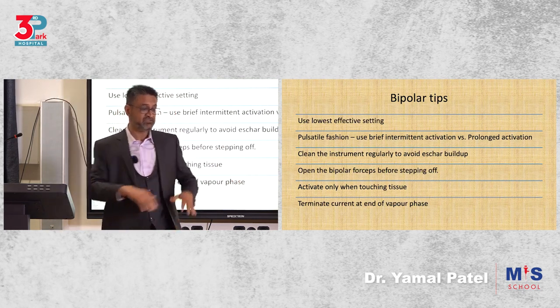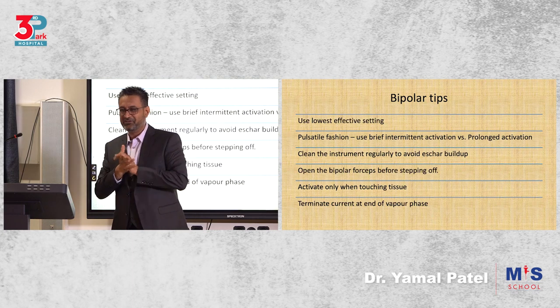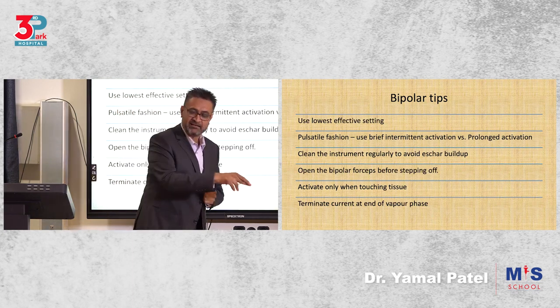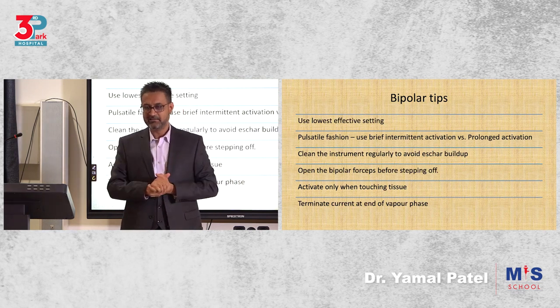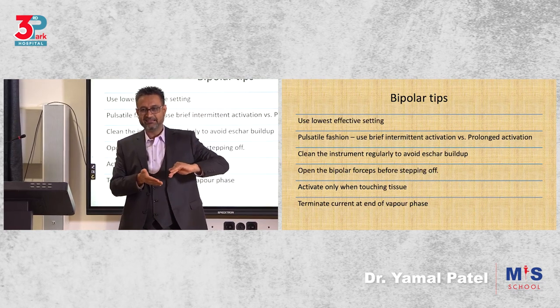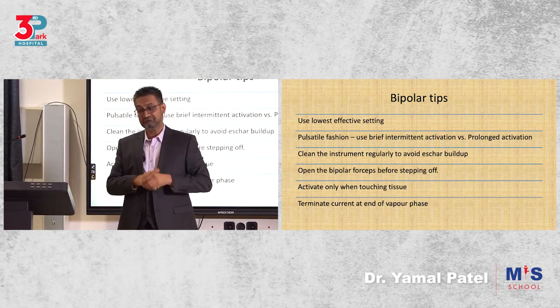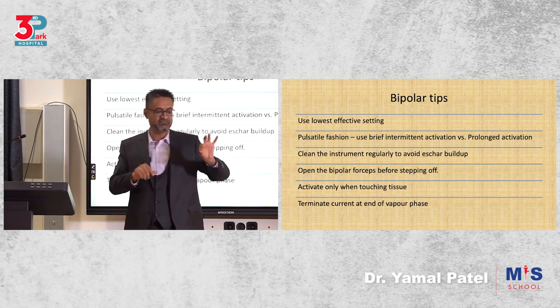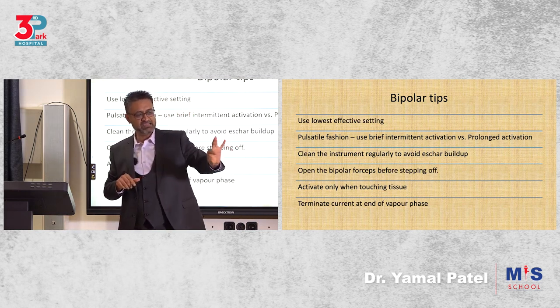When you remove it, you see a black there. So you're very happy, nicely cooked, well done. And then you cut and it still bleeds. You know why? Because you've burnt the outside and the inside is still uncooked. Not good. So you should work in a pulsatile fashion. Activate, release, activate, release.